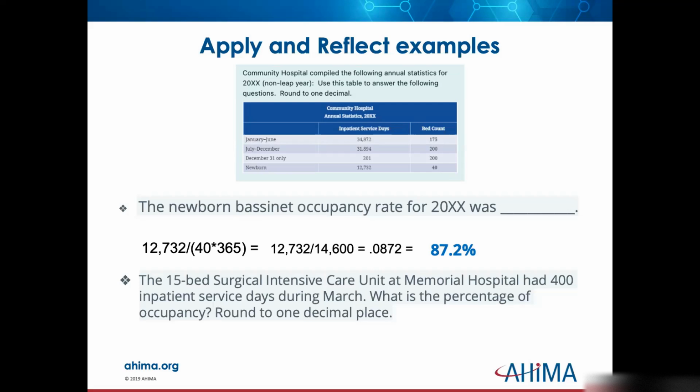So as we answer the second question, we're going to take the 400 inpatient service days divided by the 15-bed surgical intensive care, but that has to be multiplied by 31. Giving us 400 divided by 465, or 0.860, with a final answer of 86.0%, rounding to one decimal place.